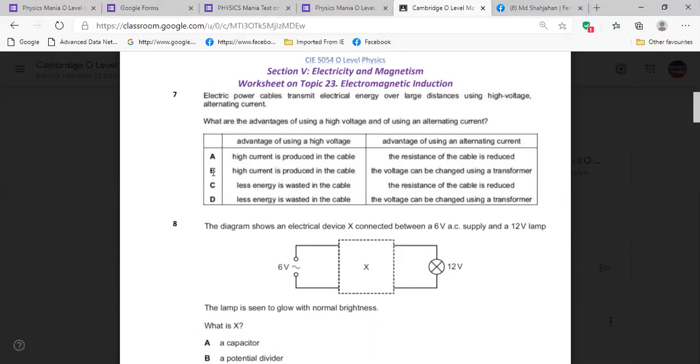In alternating current, we are getting a change in direction, right? So if you are getting a change in direction, then you are getting a change in magnetic field, which helps to get induced EMF, right? So from primary to secondary, we can change the voltage, right? Yes.